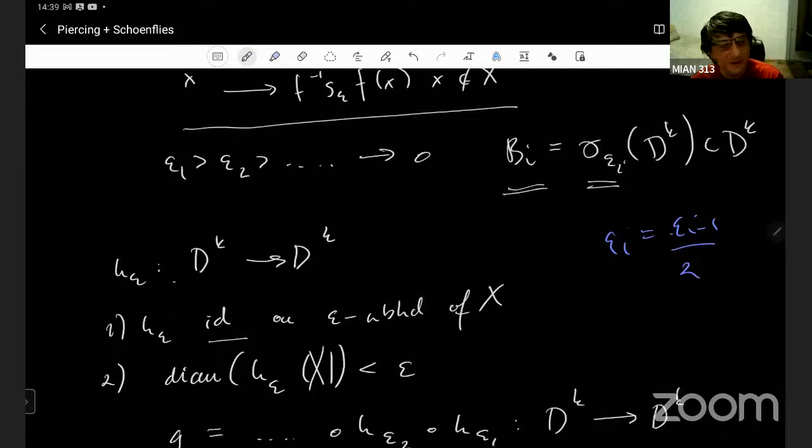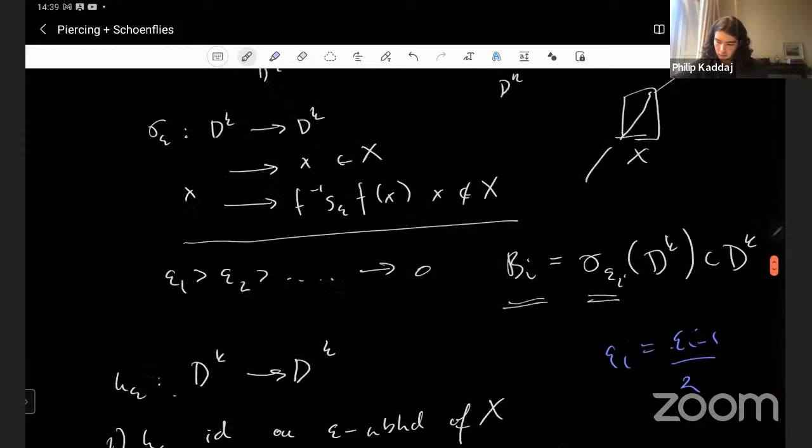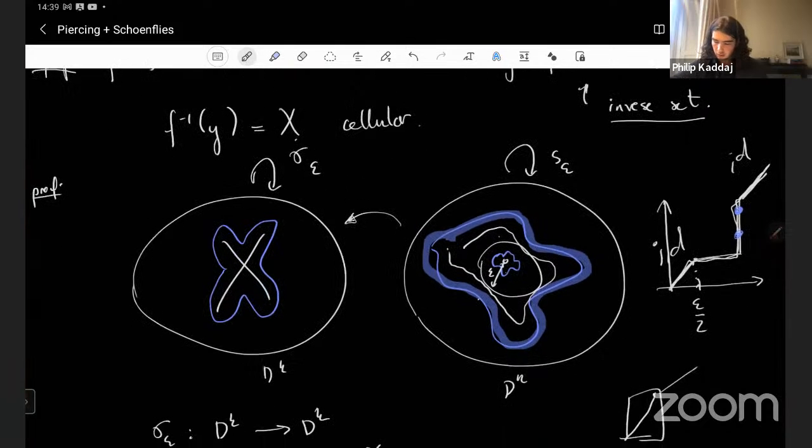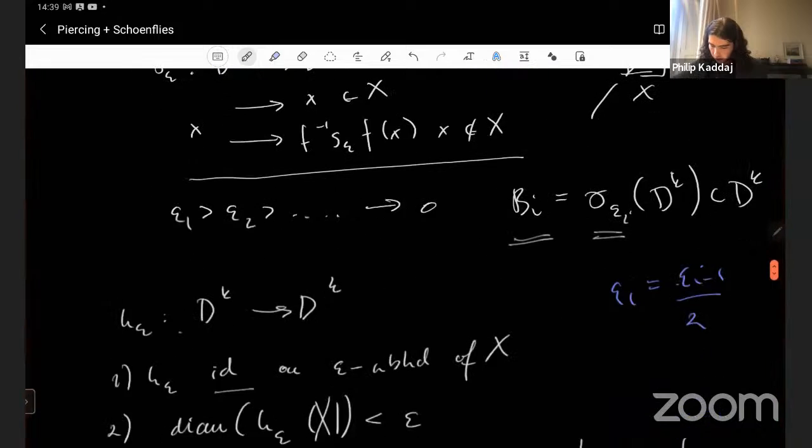Where do these h epsilons live? Do they live in the domain or in the target? No, the h epsilons are homeomorphisms. Well, they're not homeomorphisms. Yes.